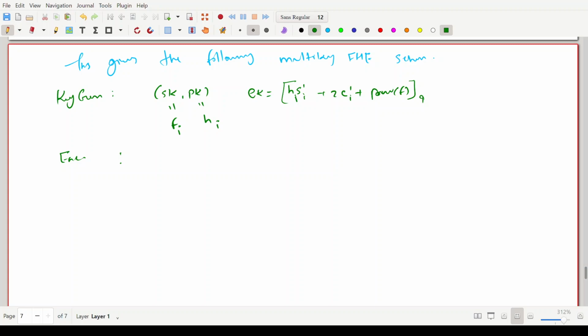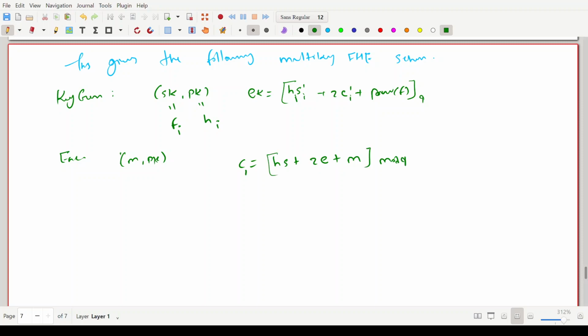So to encrypt a message, say M with the public key PK, what is the entry? Same as your NTRU. What you have to do? Your C will be HS plus 2E plus M modulo Q. This is your encryption.